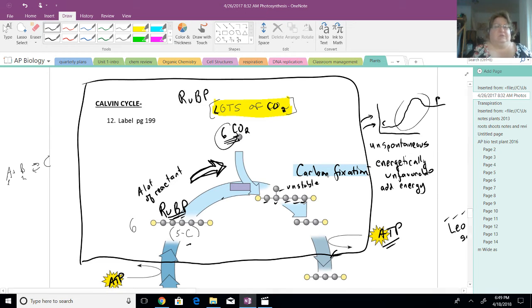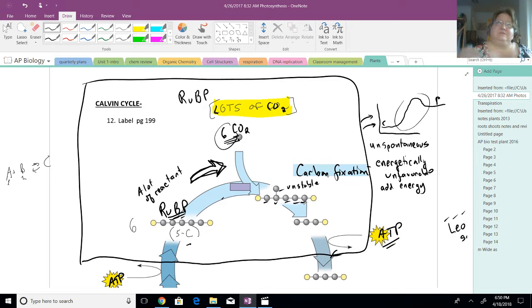Now, it's still energetically unfavorable. Carbon dioxide just doesn't come out of the air and attach itself to things. So what we need here is something that can attach 2 molecules together with a lower activation energy. Nice review point. Hopefully, you guys let your brain think for a second.